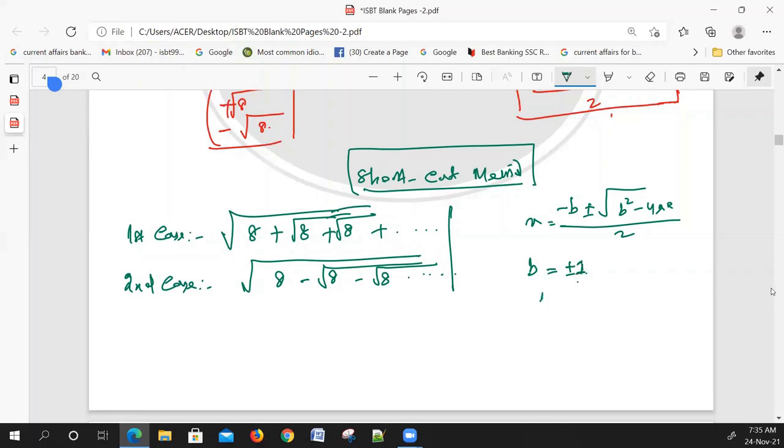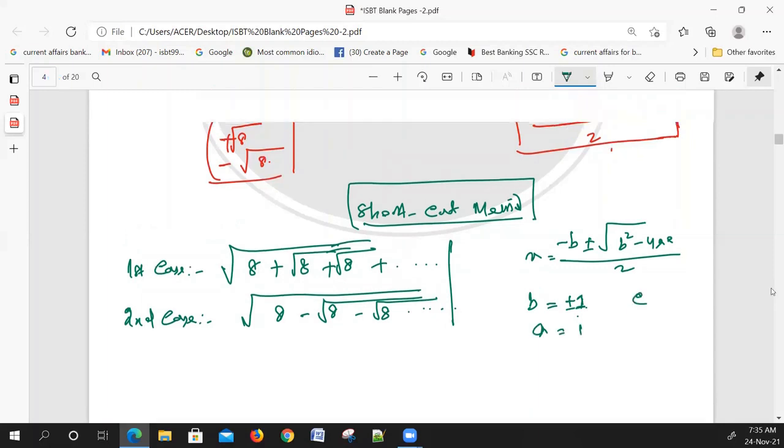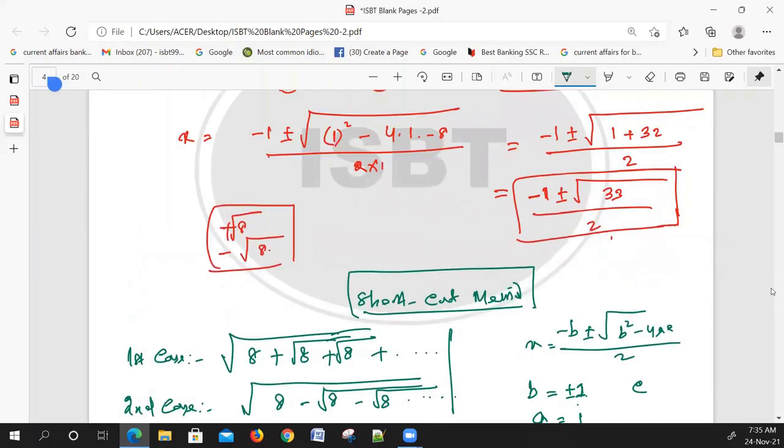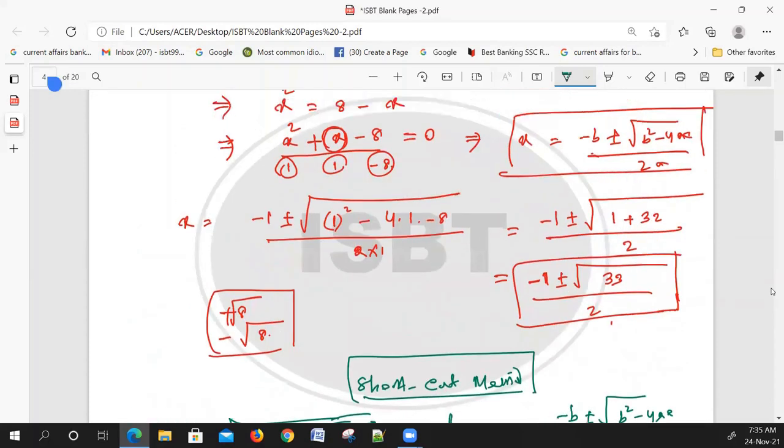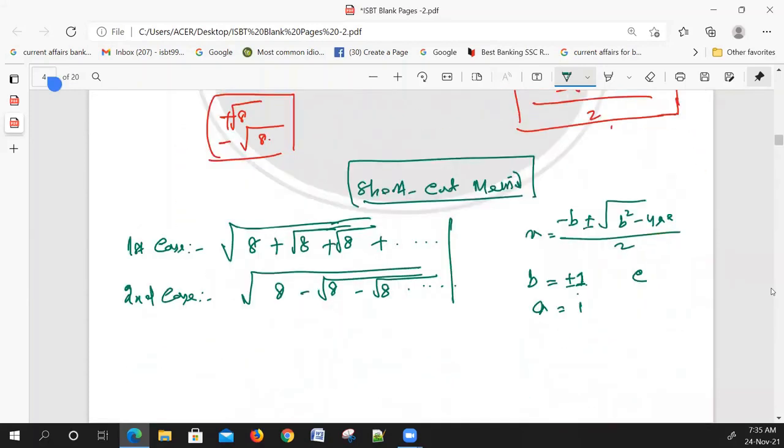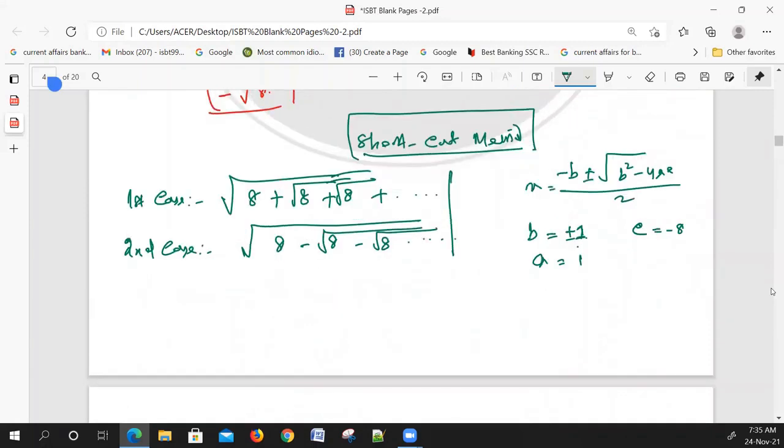a is always 1, and c is always a negative value, that is minus 8. So minus b plus or minus root of b square minus 4ac. So what is the shortcut method?